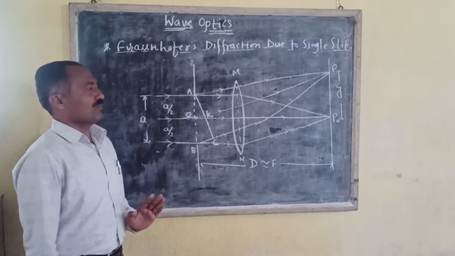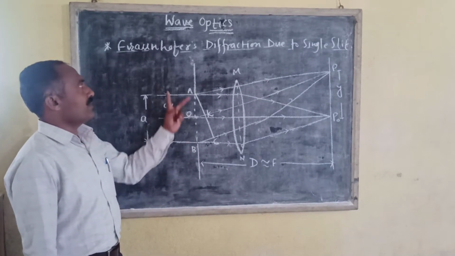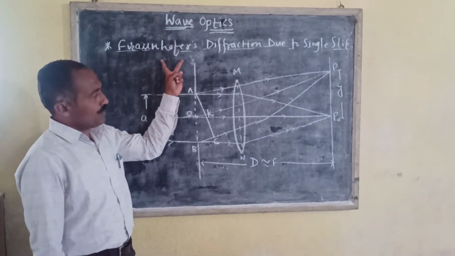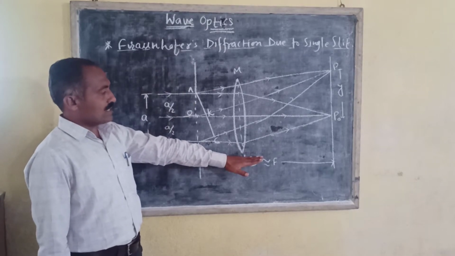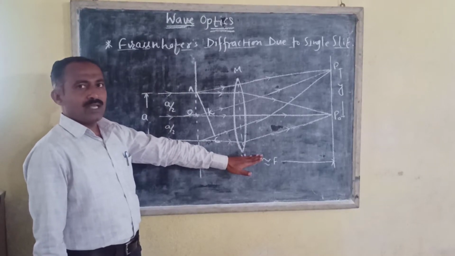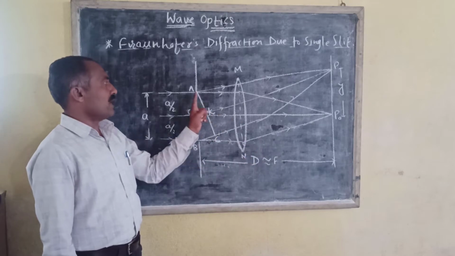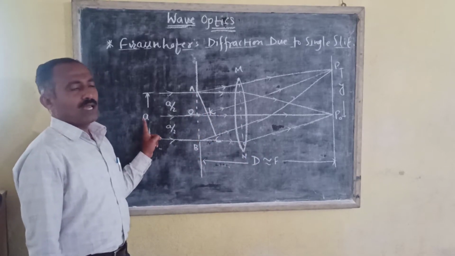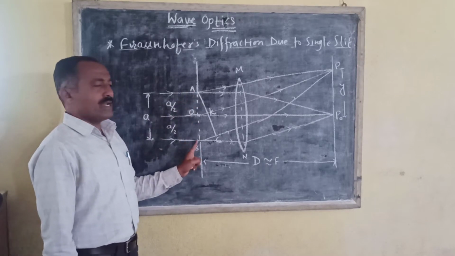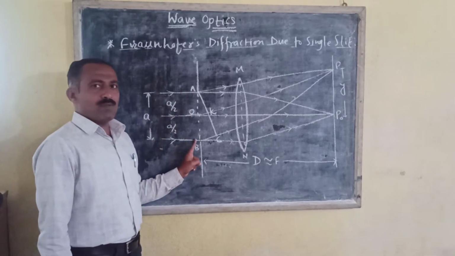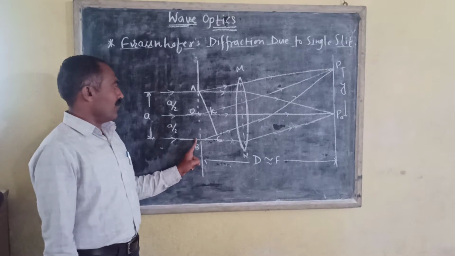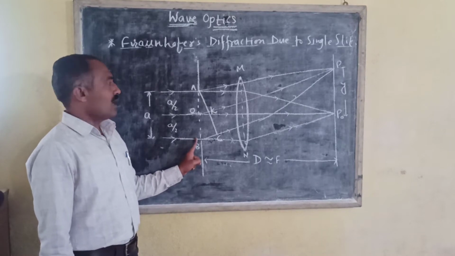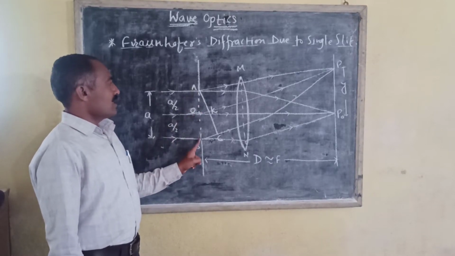The ray diagram of the experimental arrangement for Fraunhofer's diffraction is as shown in the figure. It consists of a narrow slit AB of width a. This slit is illuminated by a parallel beam of light, a wavefront incident on this slit.